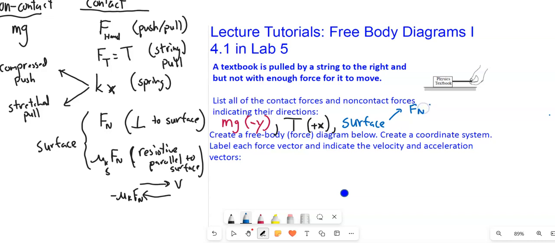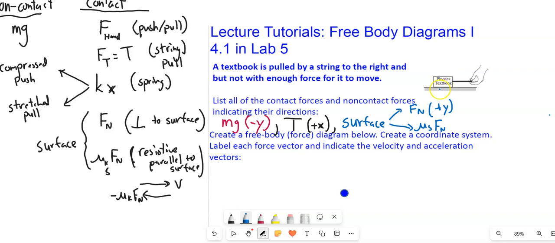And that is holding up the textbook in the positive y direction. Another type of force, which is always parallel to the surface, is the friction force. Since this object is not moving, it's going to be mu sub s, the s means that the velocity vector is 0, times the normal force. Okay, don't forget the normal force in that.